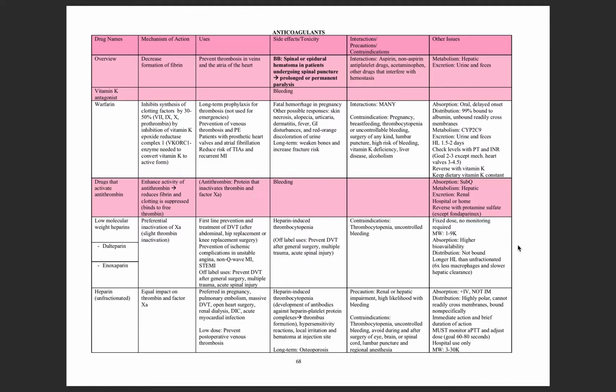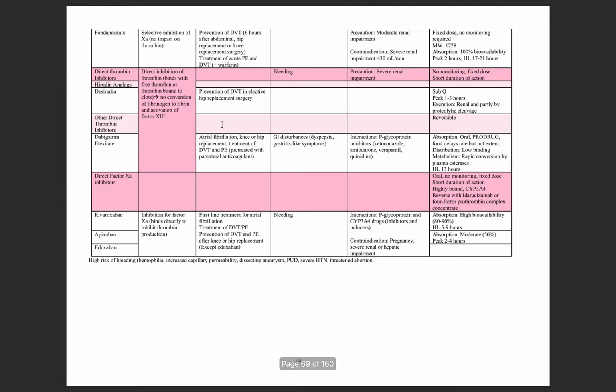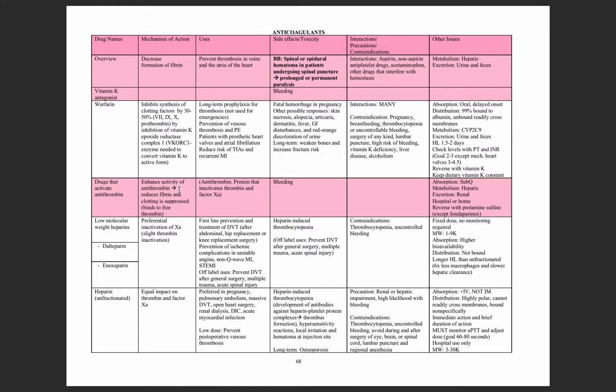This is mainly low molecular weight heparin and heparin that's unfractionated, but it also includes another drug we'll talk about in a moment. Now, the low molecular weight heparins are going to preferentially inactivate factor 10A. Unfractionated heparin has effects on quite a few different factors.